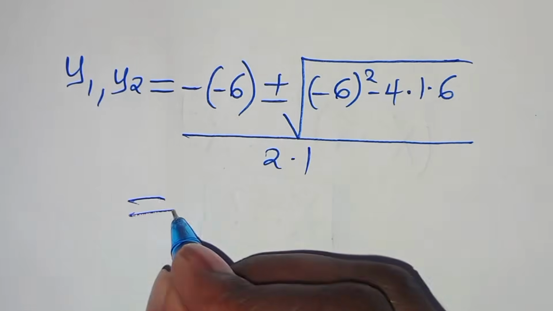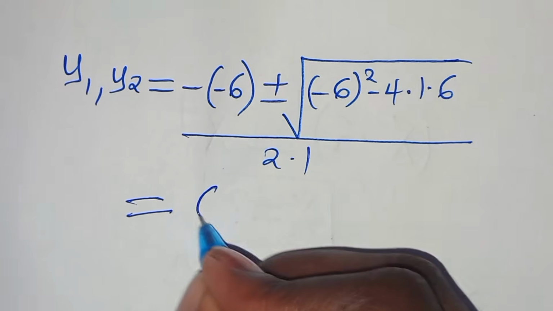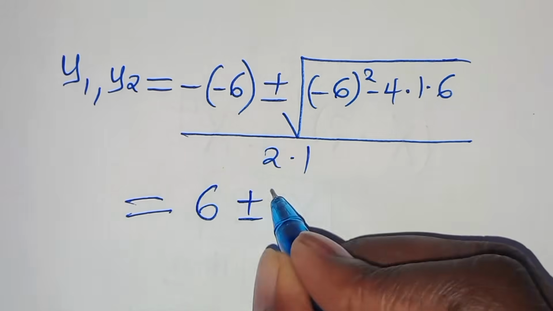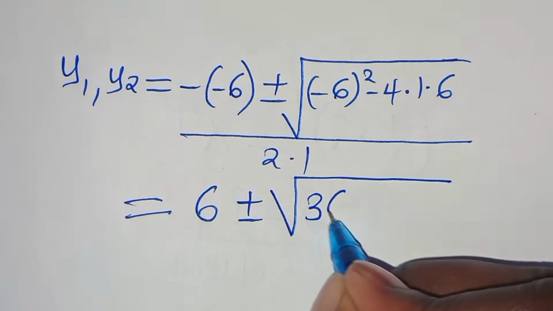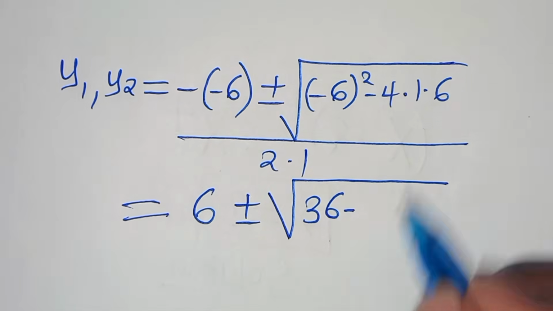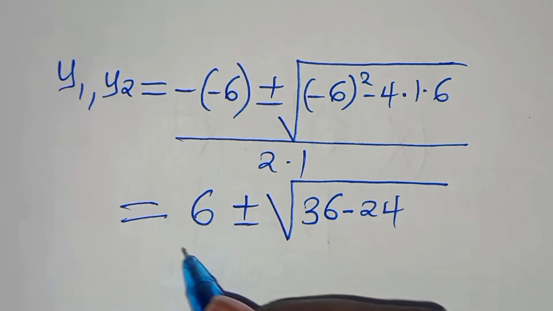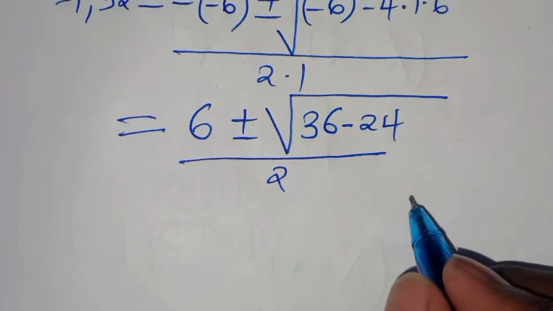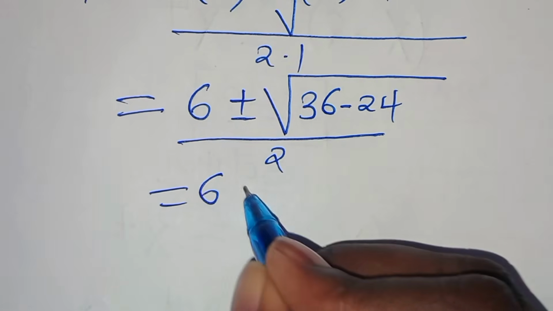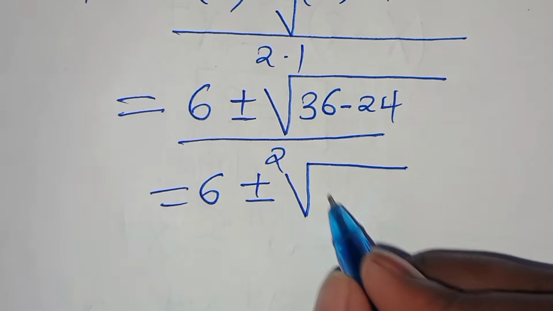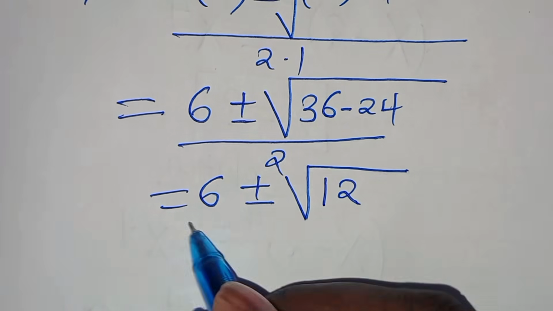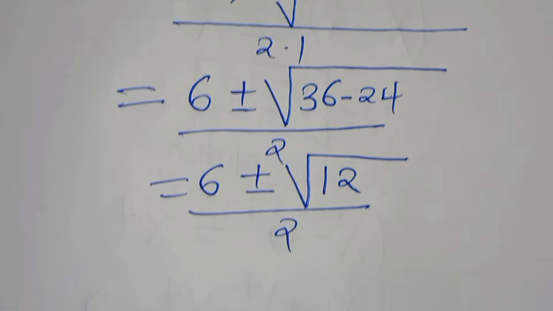Now here we have negative times negative 6, this is 6, plus or minus the square root of negative 6 squared, which is 36, minus 4 times 6, this is 24, divided by 2. So this is equal to 6 plus or minus the square root of 36 minus 24, this is 12, divided by 2.